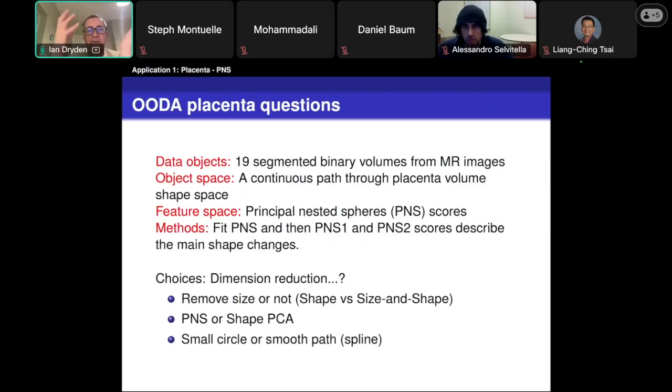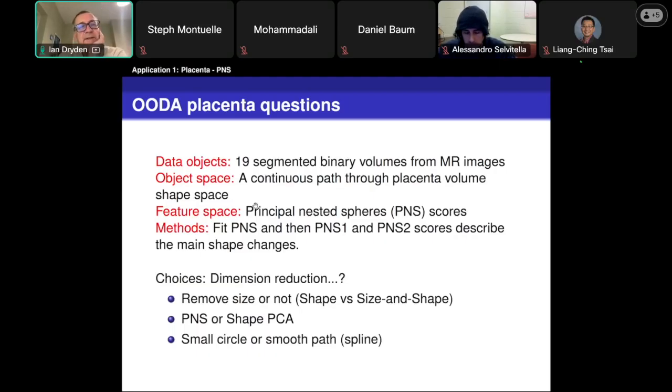So this is an OODA, object-oriented data analysis, question. The data objects are, in our case, only the segmented binary volumes, so we have these 19 binary images, just slices. We want to consider the underlying object as the placenta, a continuous path in time through the placenta volume space.